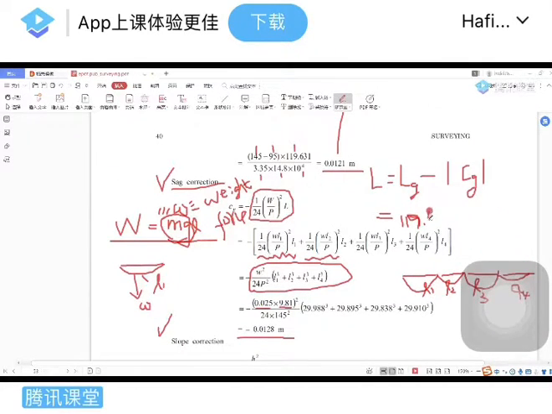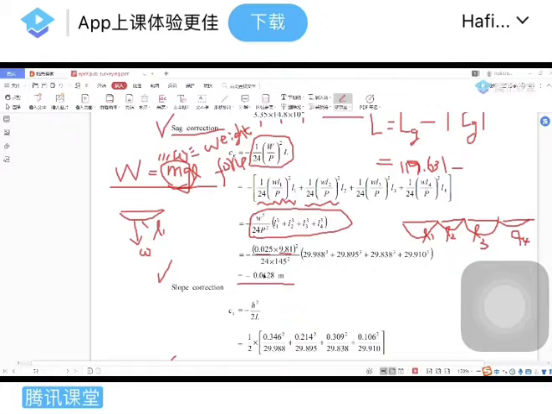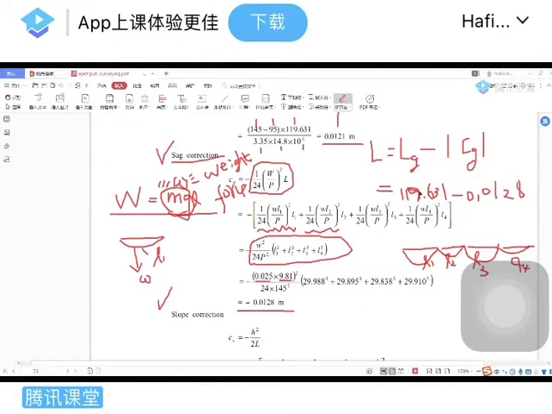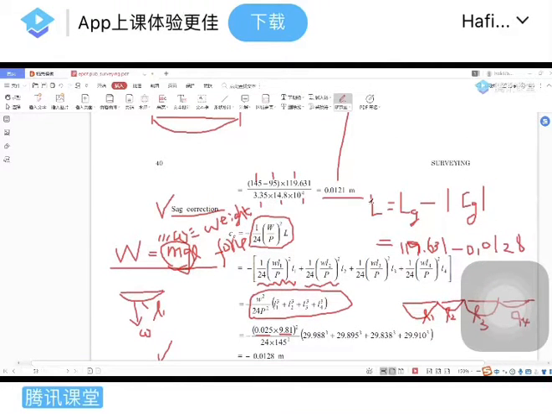Or maybe I can let you show it as a homework. Minus the absolute value of your sag correction, which is 0.01 something. It's always minus. There is no positive here. Always, because the sag is you overestimate something. You have to deduct it from this overestimated value.